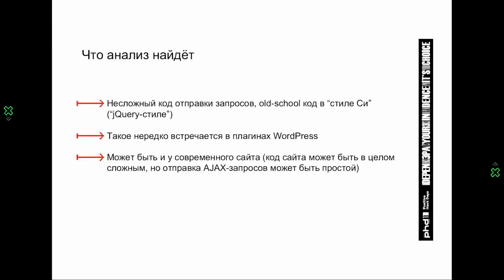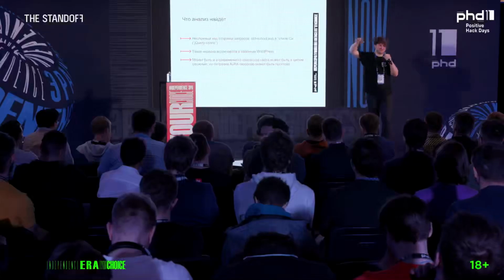So what the analyzer is going to find, if the code is done in jQuery style, if the code is simplistic, and it often happens in WordPress plugins and in complicated websites as well, is when the code is heavy on the client, but the request is simplistic.